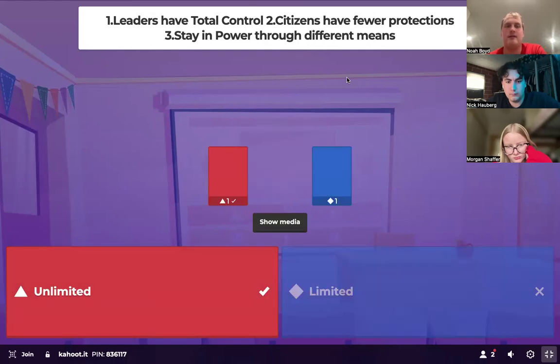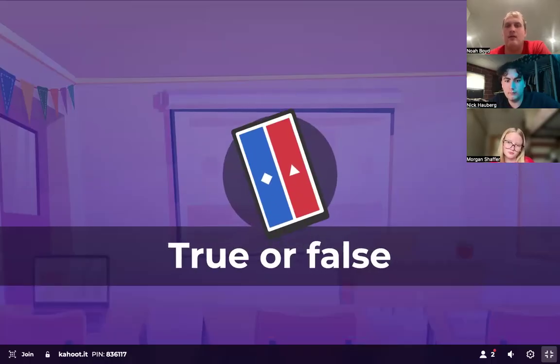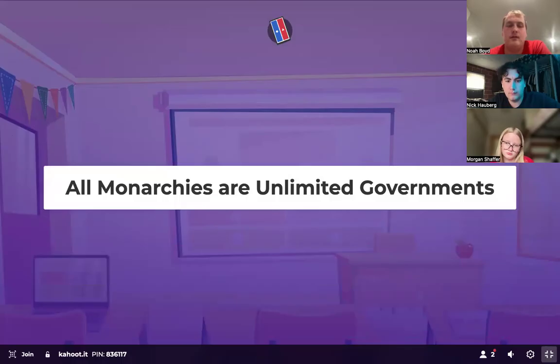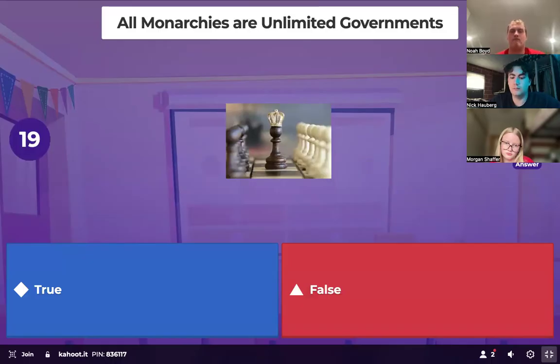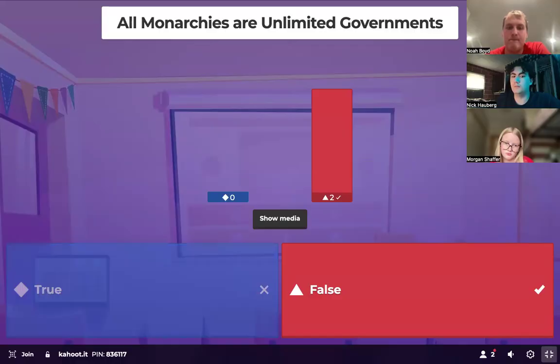So that's going to be the examples of unlimited government, the authoritarian or absolute monarchies. And all monarchies are unlimited governments? It's false. There are constitutional monarchies that are limited governments.